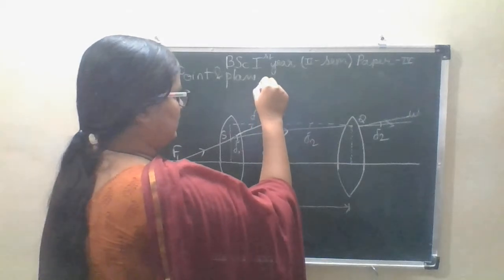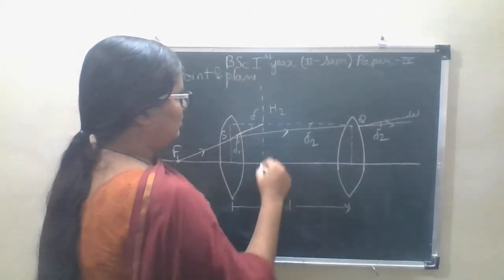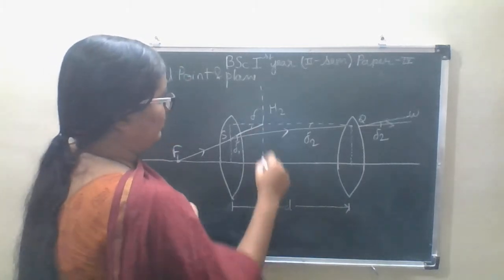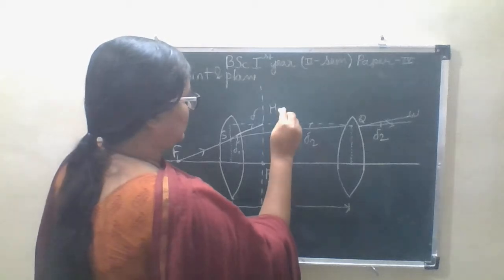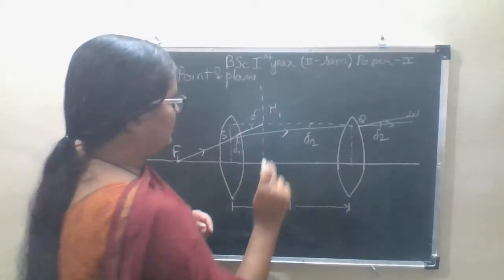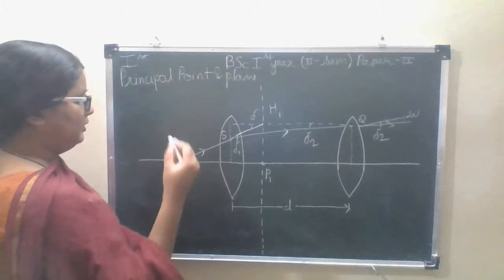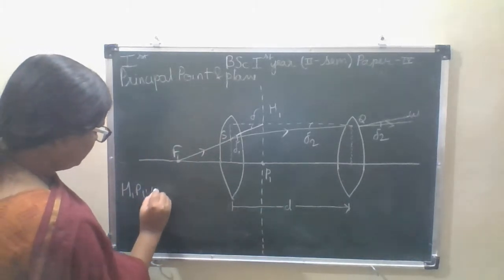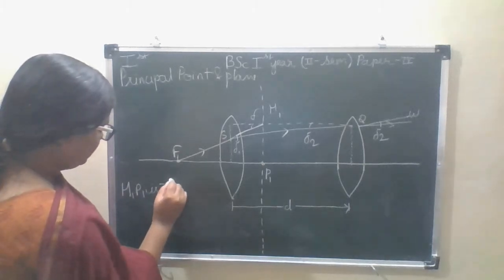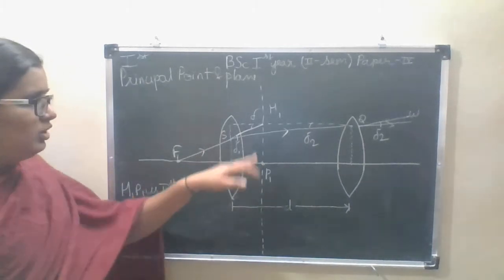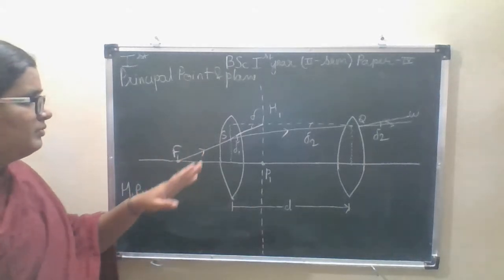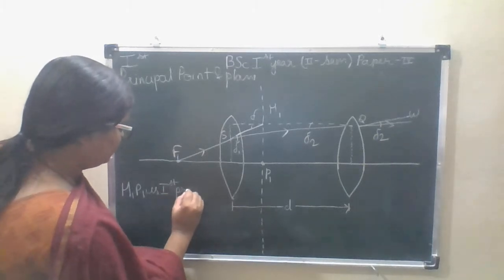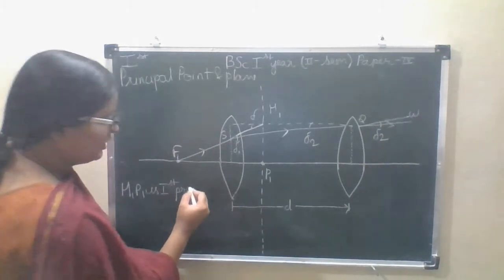Here we will draw an axis line. This will be the first principal point. Here we will draw the first principal plane. H1P1 is the first principal plane, which is perpendicular to the axis.